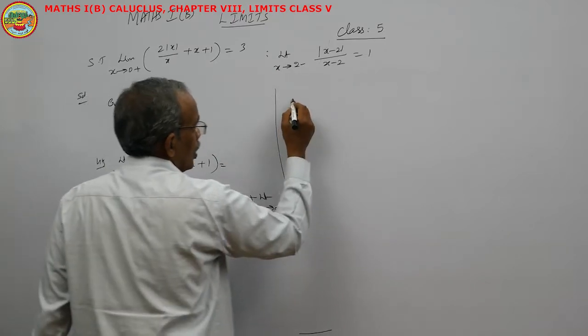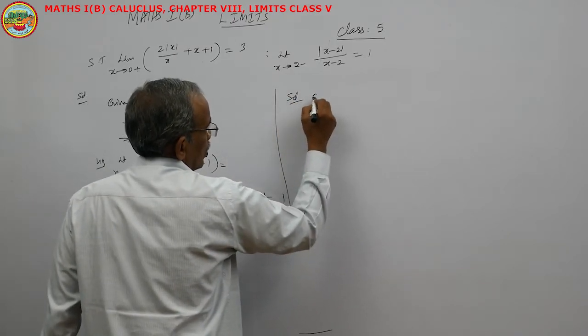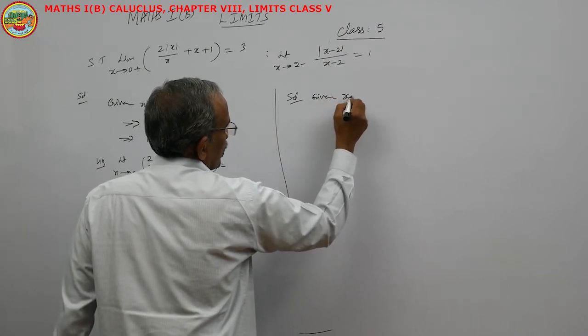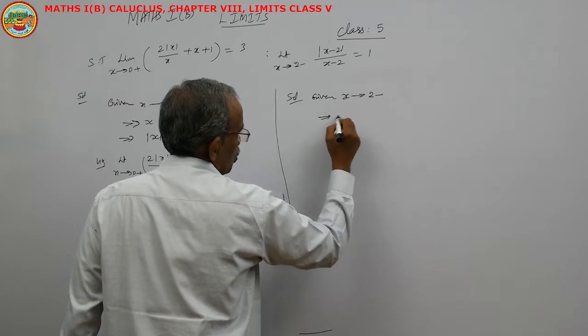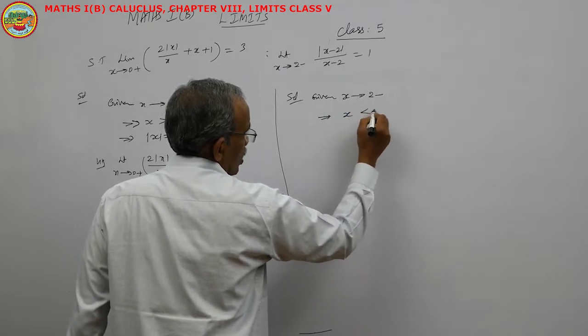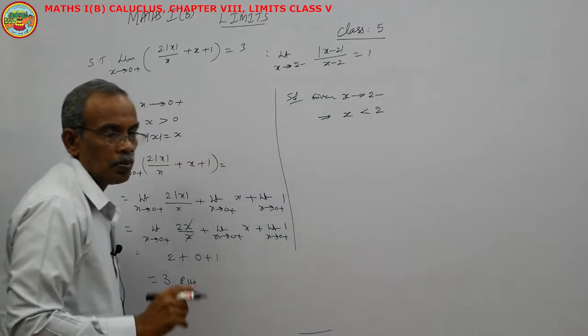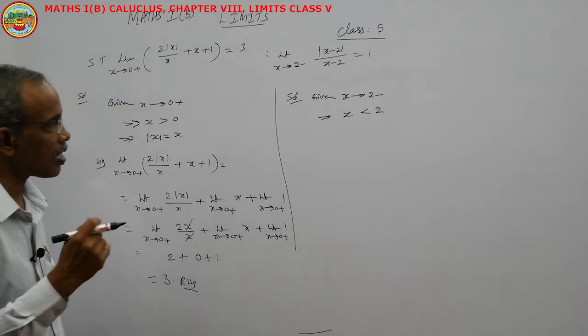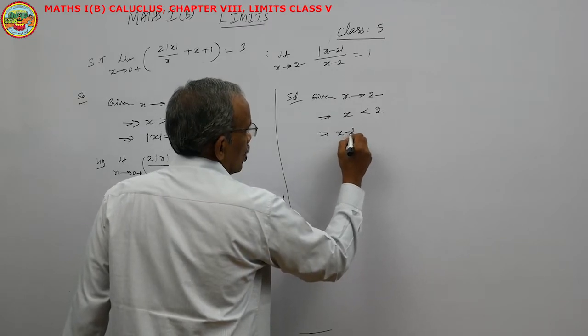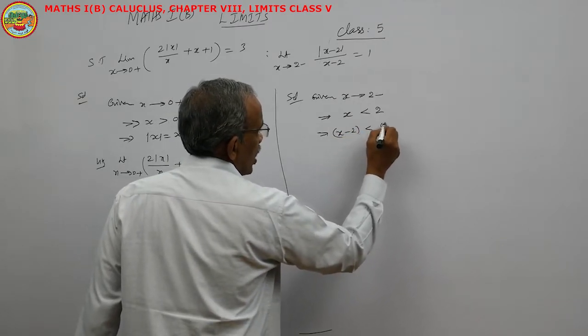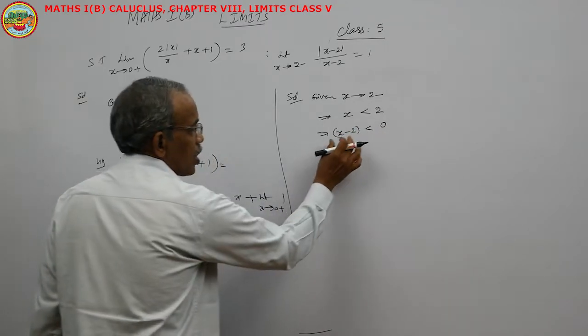In this problem, given that x tends to 2 minus, x tends to 2 minus means x is less than 2. x less than 2 implies x minus 2 is less than 0.